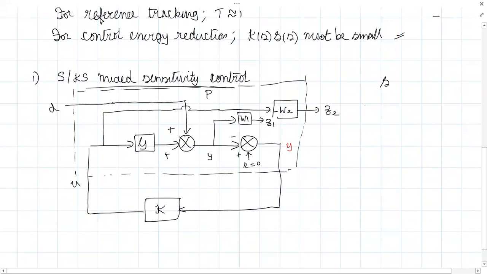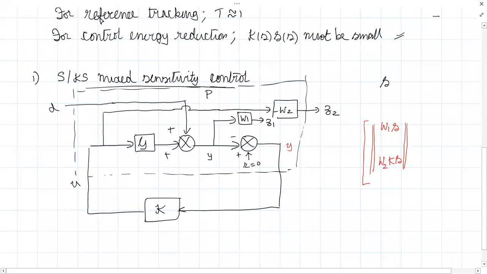So in practice, we will try to minimize these two norms. One is the sensitivity norm, and the other one is K into S. If required, you can add some weighting matrices, say W1 and W2. You can give more weightage here.